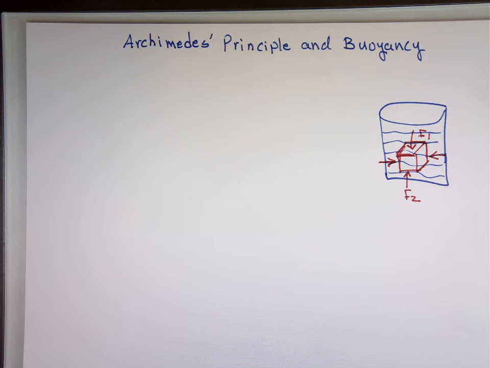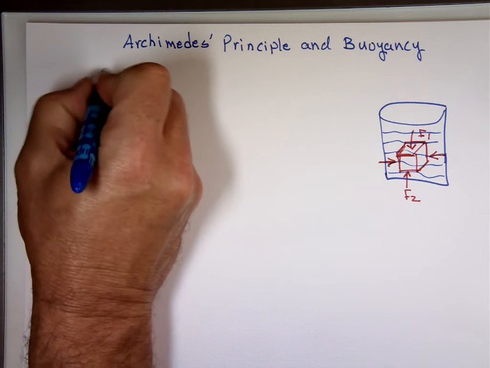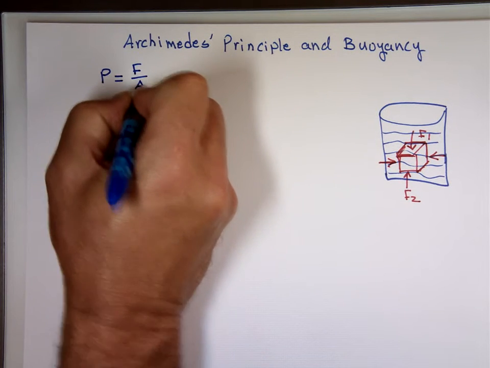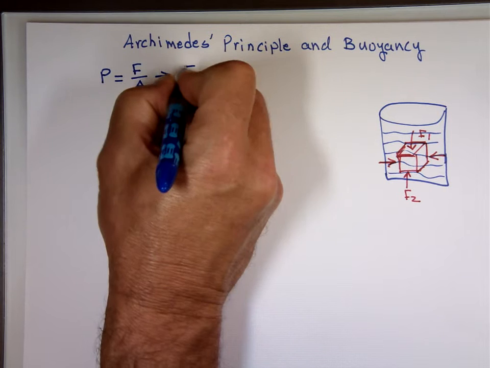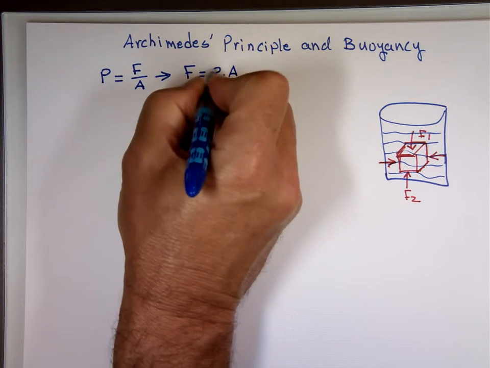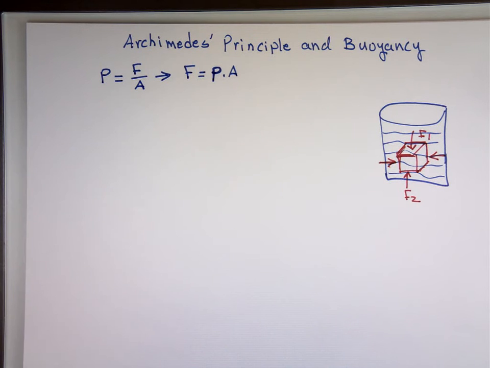Remember, we said earlier today, pressure equals force over area, which means what? Force equals pressure times area, P times A. Let's look at force 1.